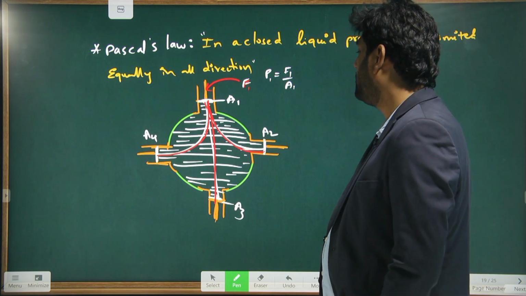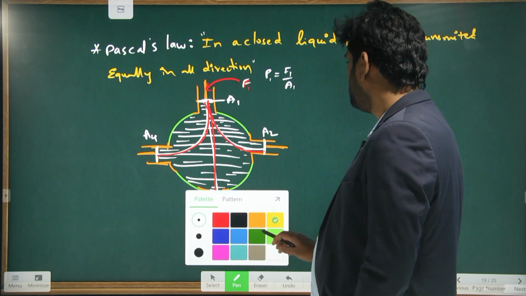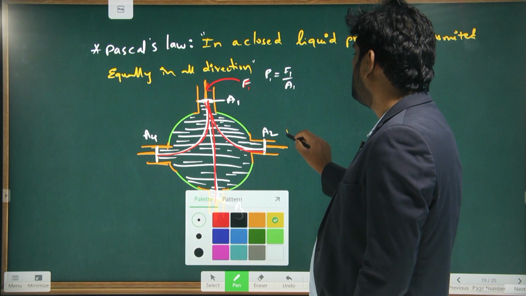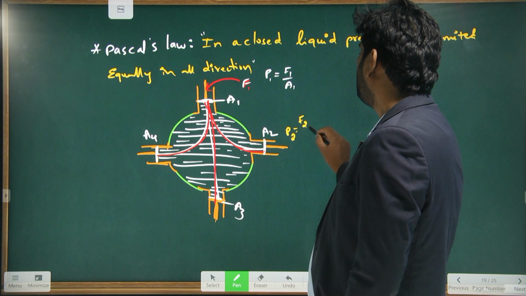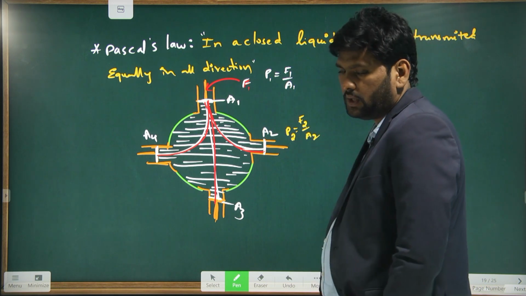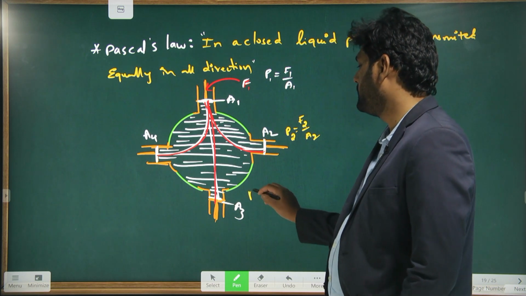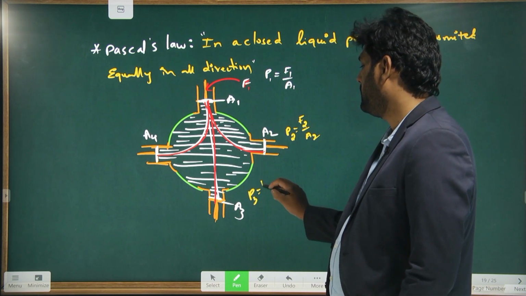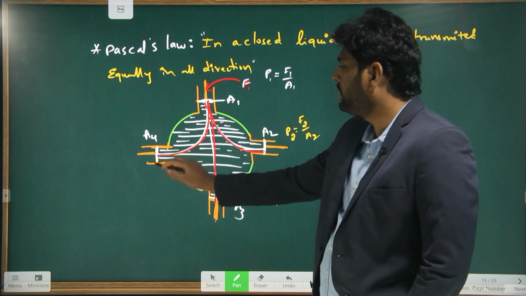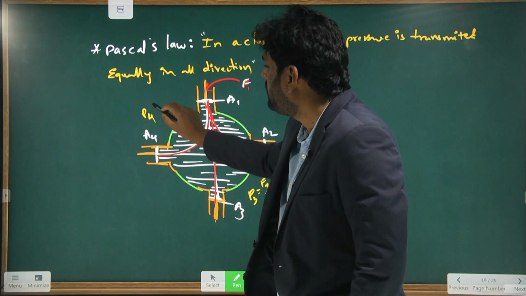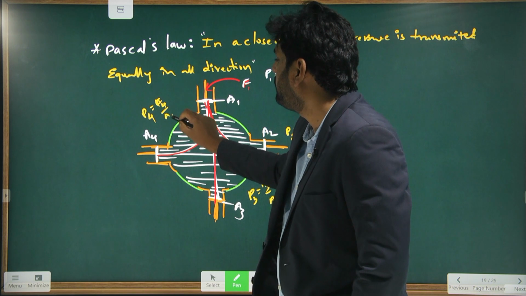Across the second piston, some pressure is exerted. That pressure you can take as P2, which I can write as F2 by A2 by using the pressure formula. Similarly across A3 also you will have some pressure, P3, which you can write as F3 by A3. Across piston 4, pressure is exerted, F4 by A4, you can write.